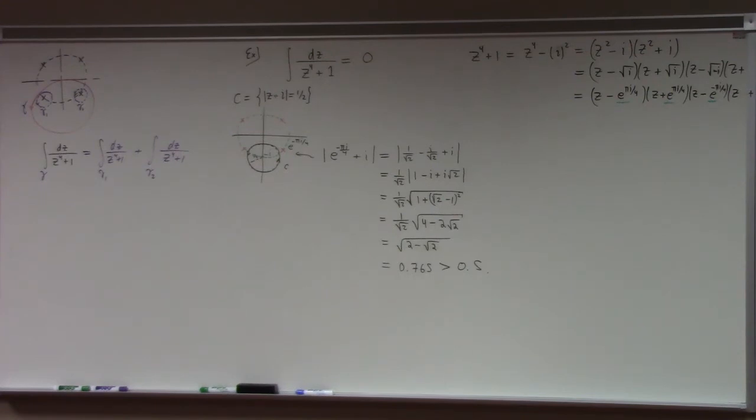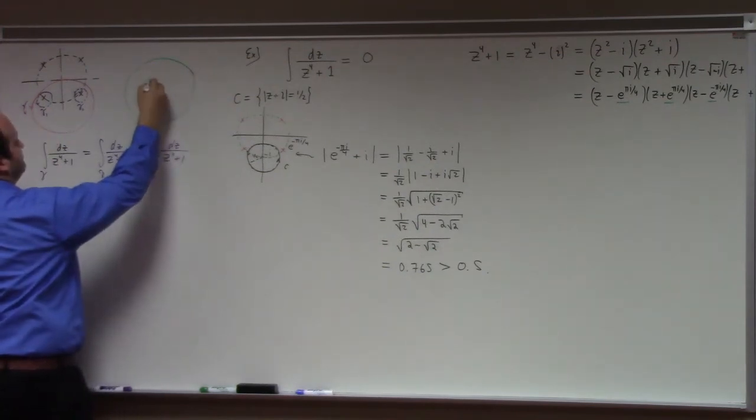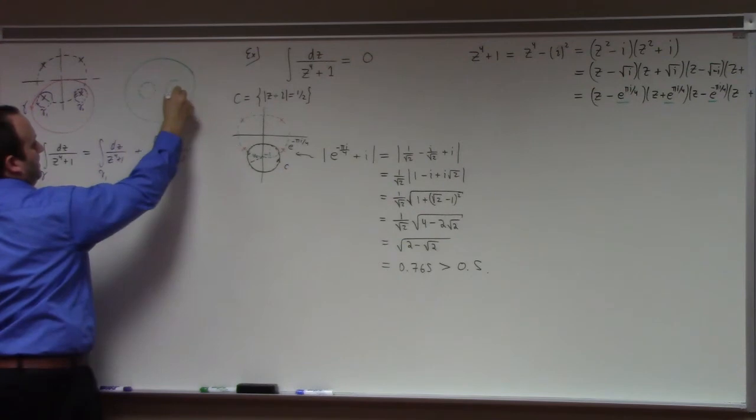What about the rest? Those aren't gamma at all, those are inside. But you're saying that the integral over gamma equals the integral over gamma 1 plus the integral over gamma 2.